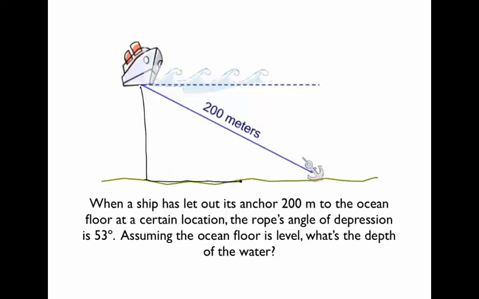Okay. So, is this 53 right here? It says the angle of depression is 53. Is this 53? No, the other one. It's this one. Okay? So did you use this triangle or this one? I used the first one, but upside down.